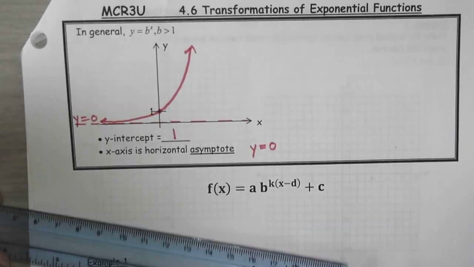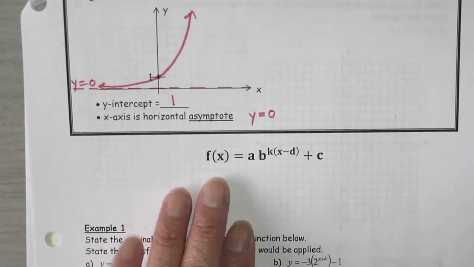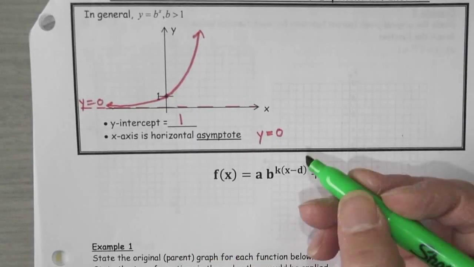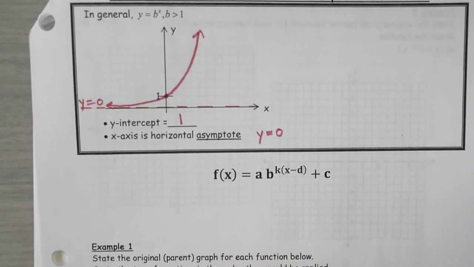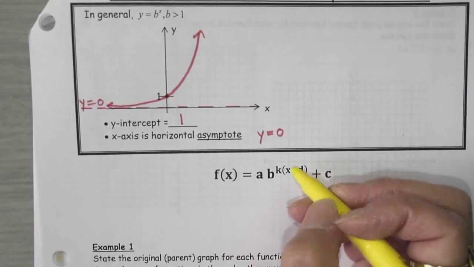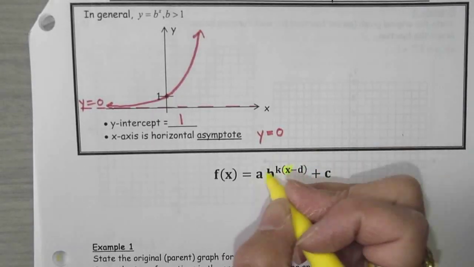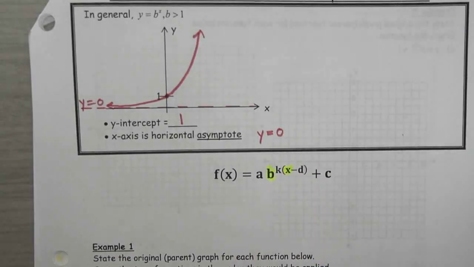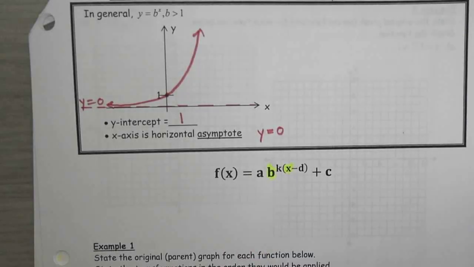Okay, so we know that. Now, this is the general equation for an exponential function. We said the x had to be in the exponent, right? That's what made it an exponential. And we have the base here. I think we call that the base.